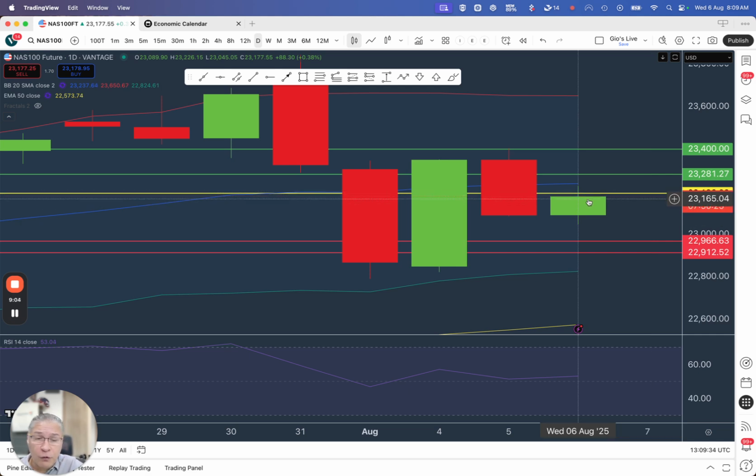So initially, if we are going to enter the market long, buying the market, our first target would be the 20-day moving average within the Bollinger Band, because that's the medium line in the Bollinger Band. That will be our first initial target because we are obviously entering way below.